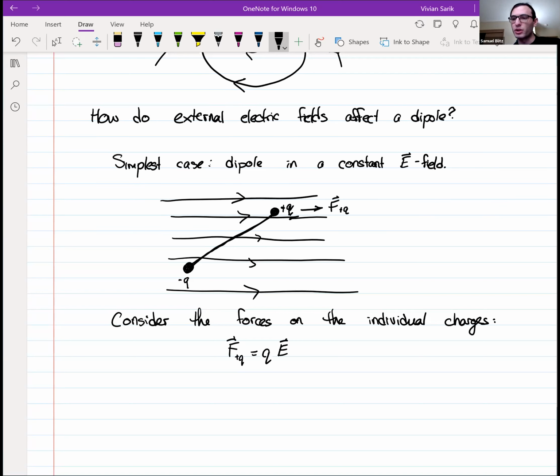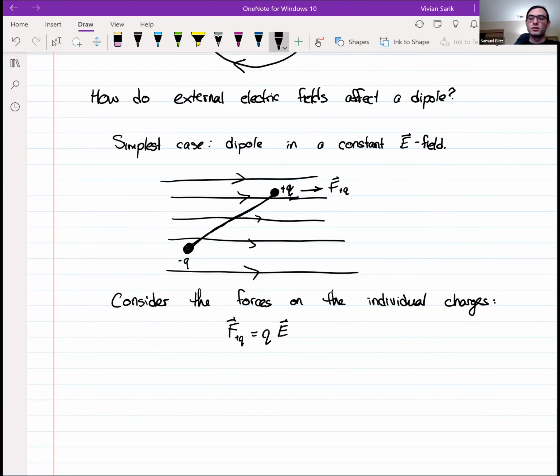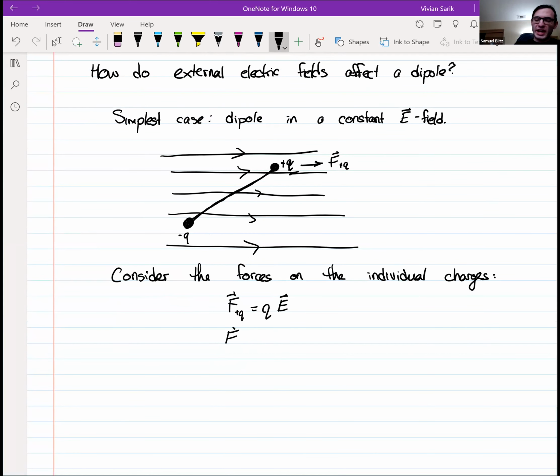We assume the distance between a dipole's charges is always constant. Yes, that's required. The force on the negative charge is the charge times the electric field, so it's negative Q times E, and it points to the left because that's the opposite direction of the electric field. Okay, so what is the net force on the dipole then?